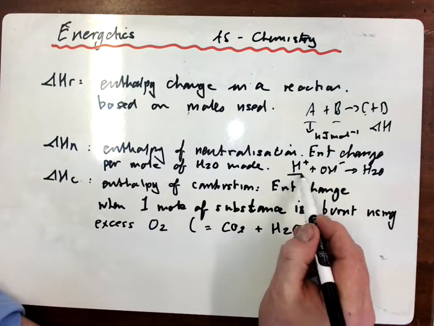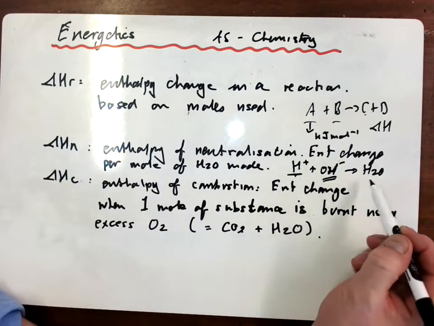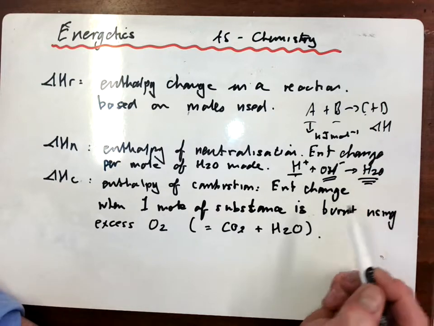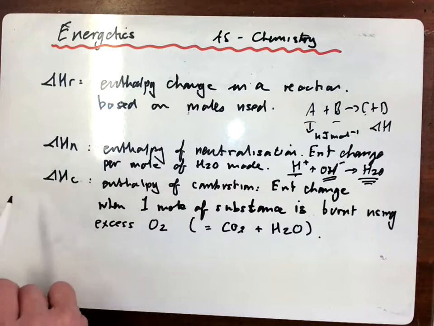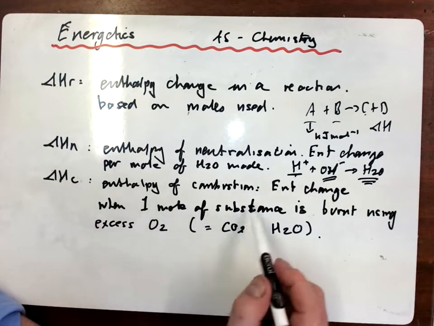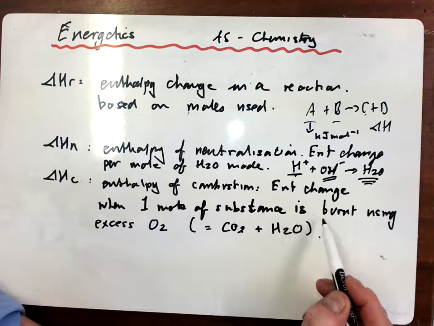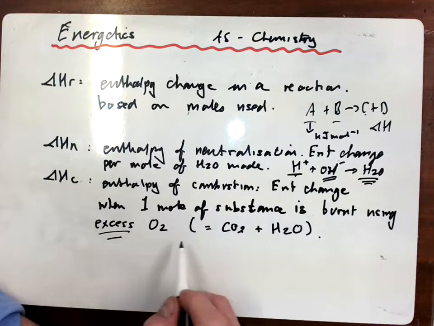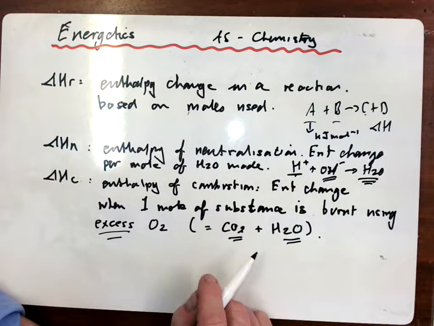So when you react an acid, H plus, with an alkali, OH minus ions, you get 1 mole of water produced. And the next one that we're going to look at in this little video is the enthalpy of combustion, which is the enthalpy change when you burn 1 mole of a substance in excess oxygen, and in doing so you'll get carbon dioxide and water.